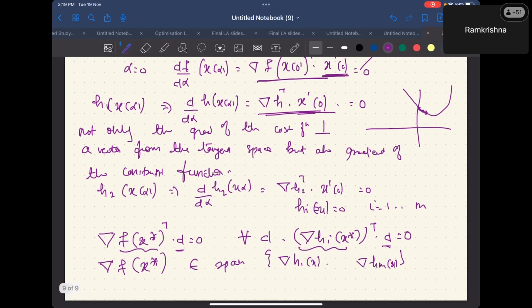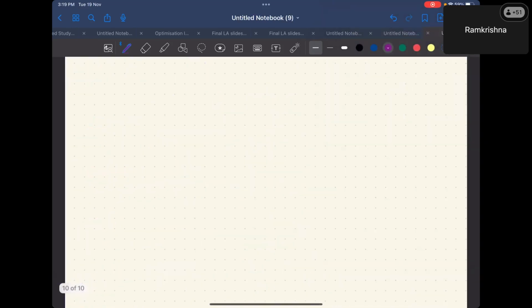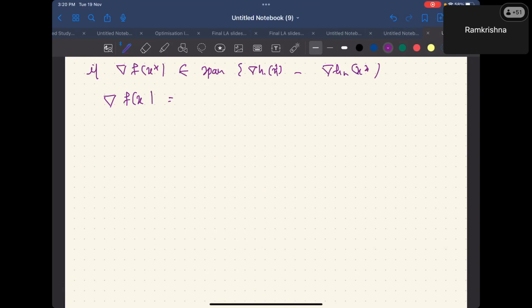Okay, which means that if this is in the span of this, one of my earlier linear algebra lessons would tell me that if the gradient of f of x star is in the span of gradient of h1 till gradient of hm at x star, then the gradient of f of x star can now be written as a linear combination of elements here.